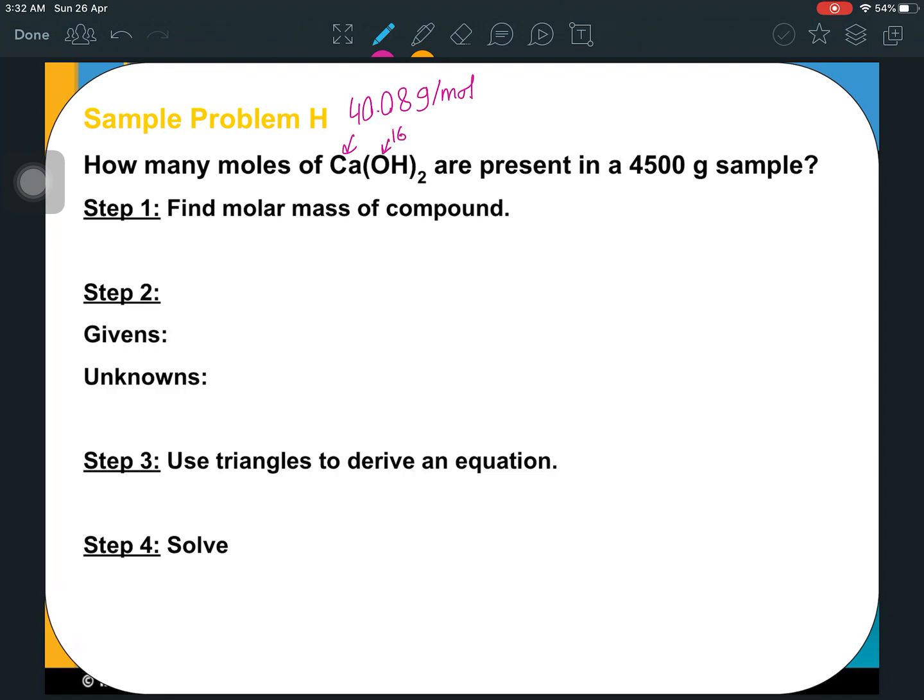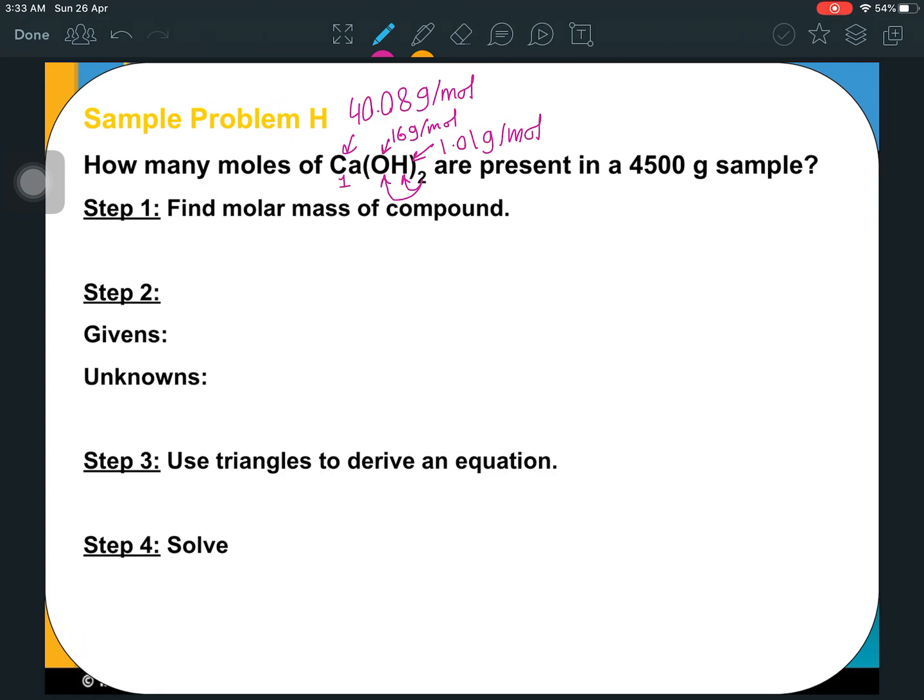For oxygen, it's 16 grams per mole, and for hydrogen, it's 1.01 grams per mole. You can double check in the periodic table if all of this is right. Now, you have to remember we have 1 calcium here, but I have 2 oxygens and 2 hydrogens, because anything outside the brackets needs to be applied to everything inside the brackets.